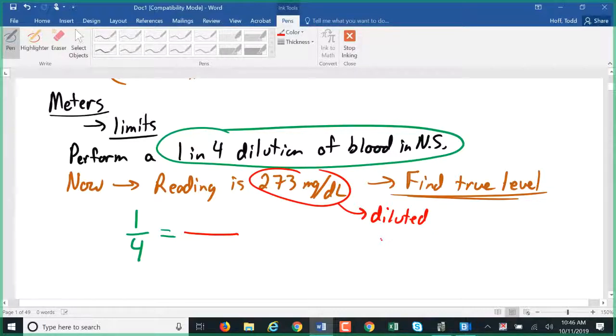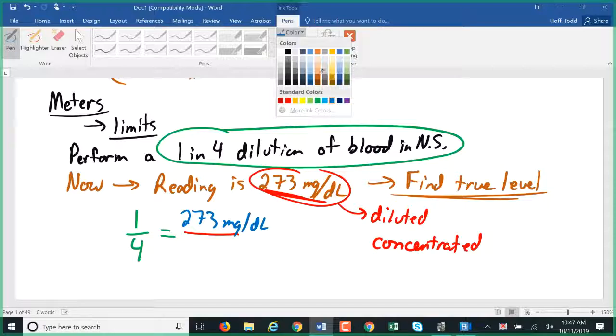The concentrated reading, we would expect to have a higher level, a larger number, correct? So what the meter said, we expect to be smaller than what the actual level is. So we're going to put that number, the 273 milligrams per deciliter, with the smaller number in our dilution, the 1.